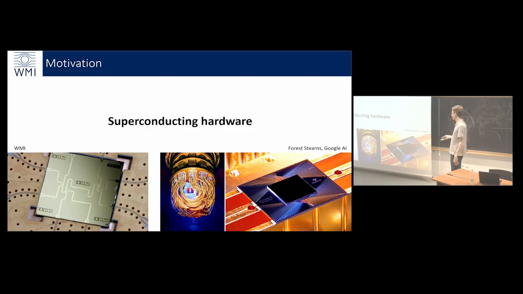Why are we interested in the hardware of superconducting qubits? As you all know, it has rapidly been developed during the last years, mainly driven by the goal of achieving quantum supremacy using computing, so performing quantum algorithms on such superconducting chips, where qubits are implemented using the bosonic modes on the chip, which have a strong nonlinearity and therefore behave effectively as two-level systems.